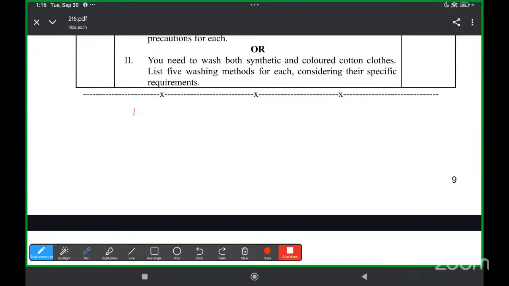I'll put the heading: it provides nutrients. Then I underline it. Then I put a dash. And then I leave one line and start writing.